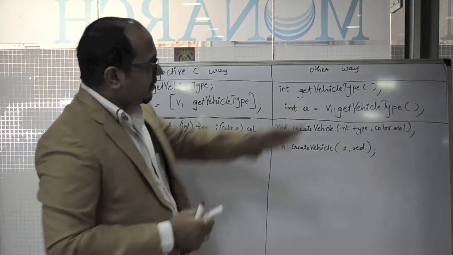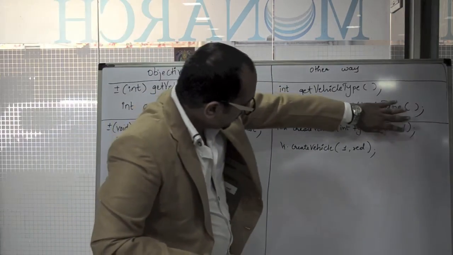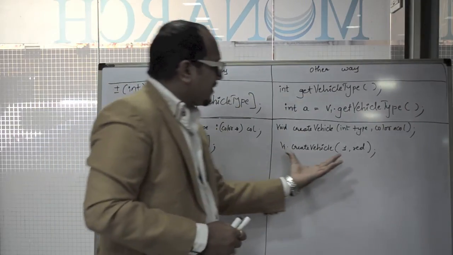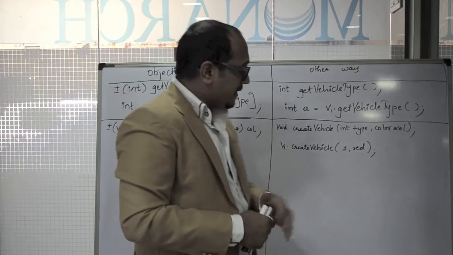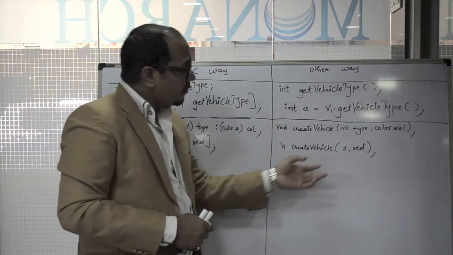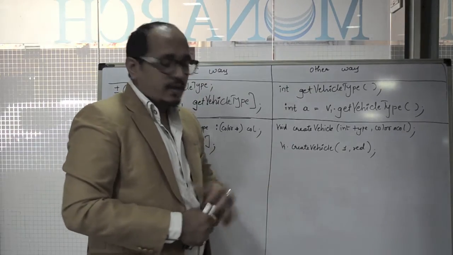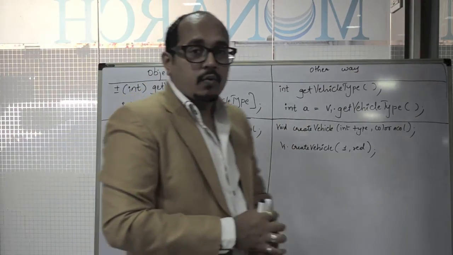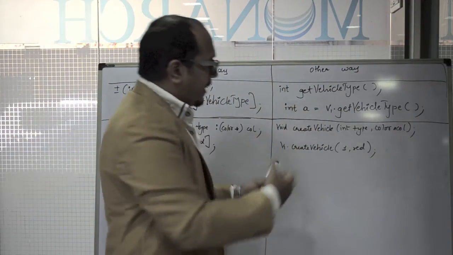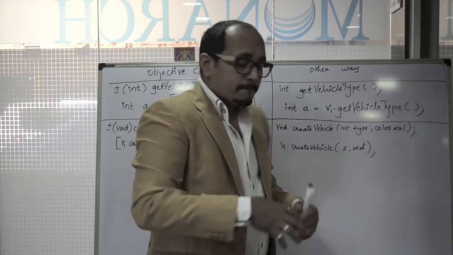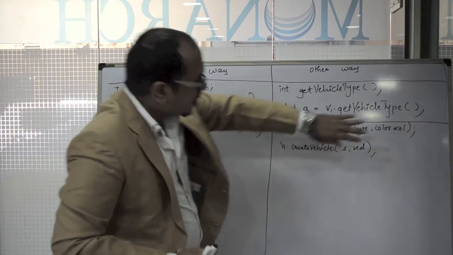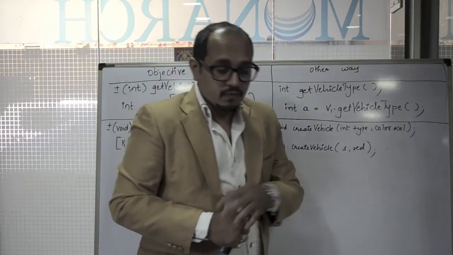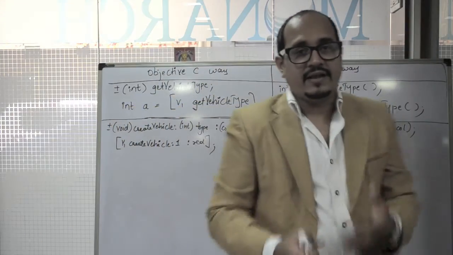When someone concentrates on this line, whenever you or someone else sees this line in your code, he cannot understand what 1 represents, what red represents. He has to go to the definition or declaration, sorry, and check out that 1 represents the type and red represents the color. So it's good, but I cannot understand just from the function call what the variables are representing.